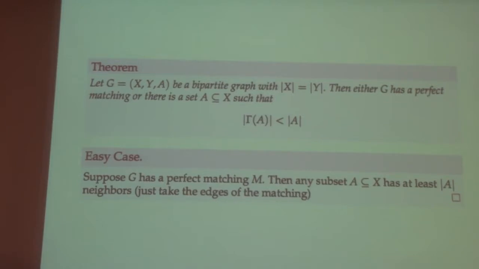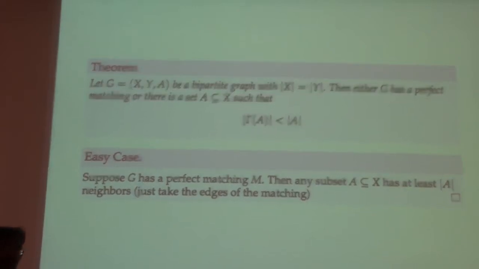Just compute this matching. Imagine this matching exists. Now look at every subset of vertices on the left side. What can we say about its neighborhood? We know that the graph has a perfect matching, so for every node in this set, there is a corresponding match. So the neighborhood size is at least the size of the set.